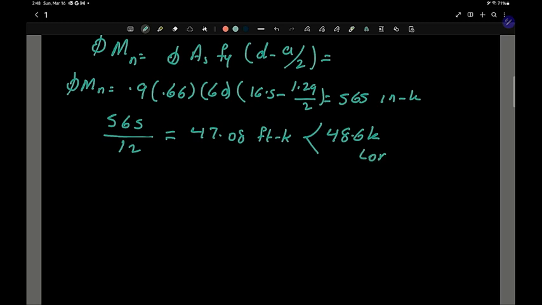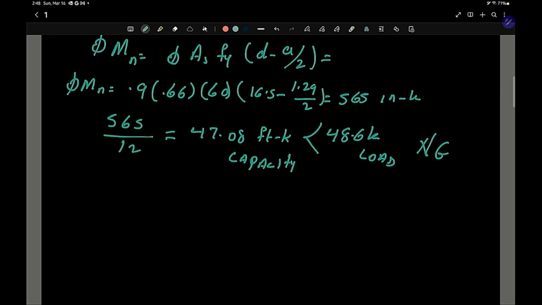This is the load, this is capacity. So it's no good. That's why I said usually you pick this rebar one or two higher.